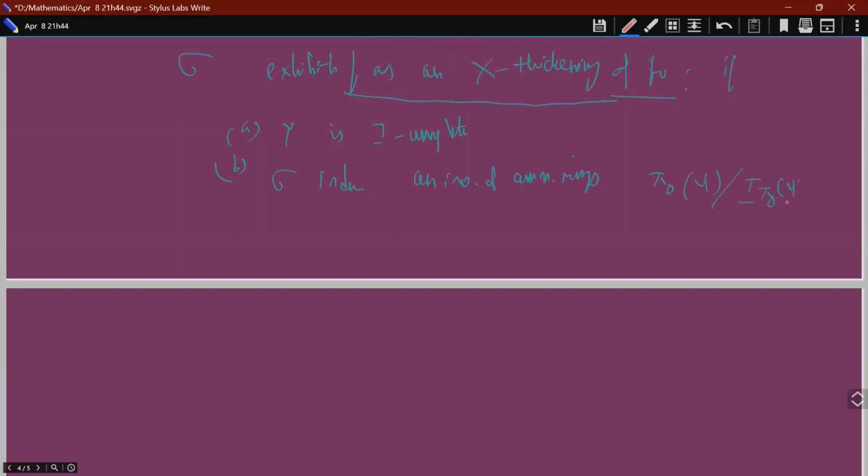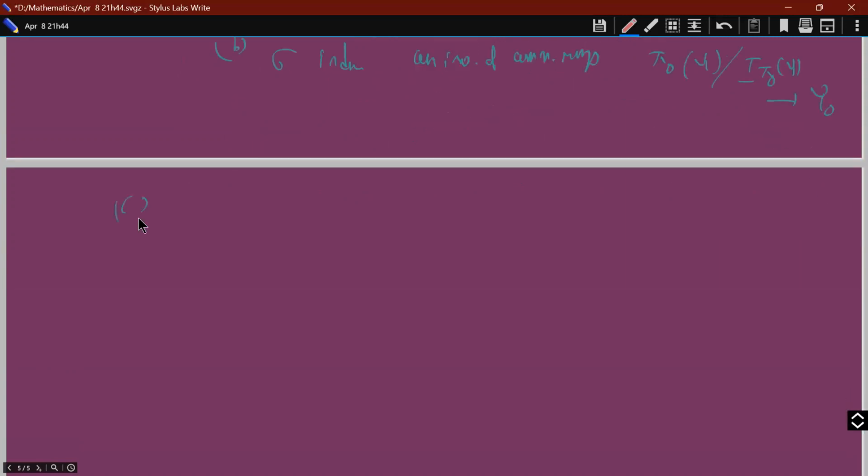Then, moreover, and this is very important, for a connective E-infinity algebra Z over X which is I-complete, the following holds. We'll see it serves a whole different purpose.